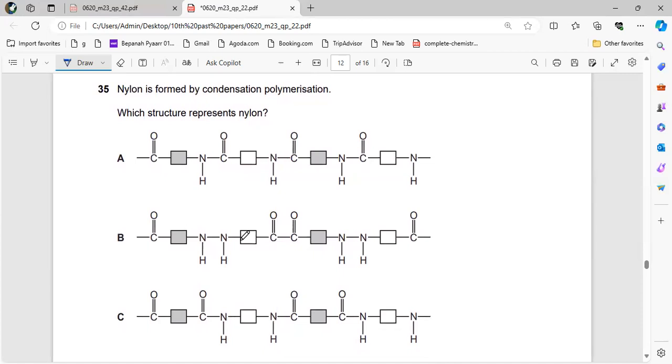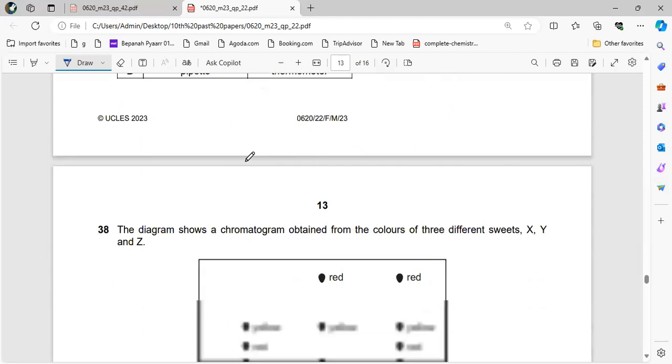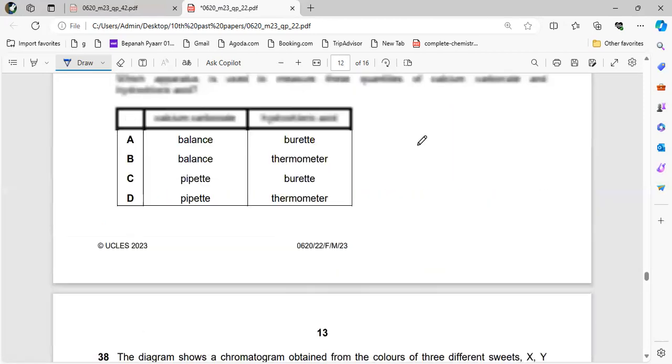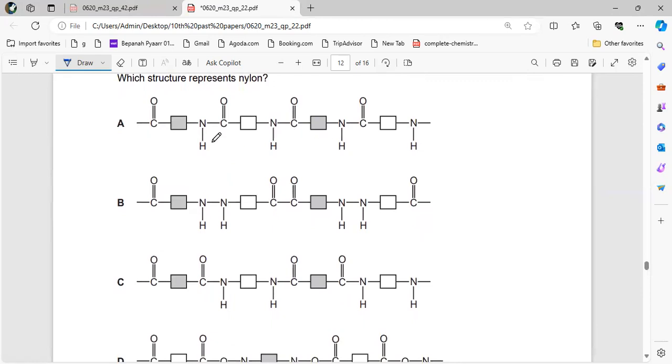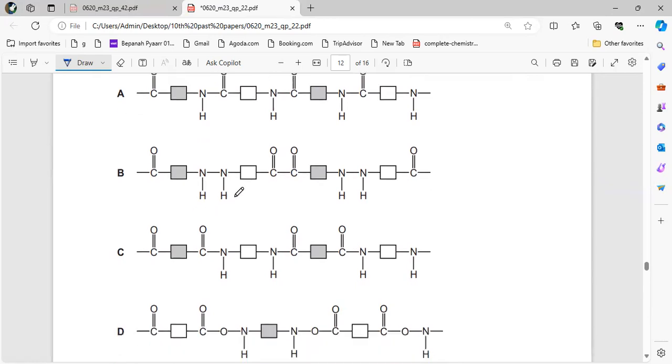Nylon is formed by condensation polymerization. Which structure represents nylon? Now, nylon and protein have similar bonding, that is amide linkage. So here we have amide linkage in this first option also. The second option is not correct.